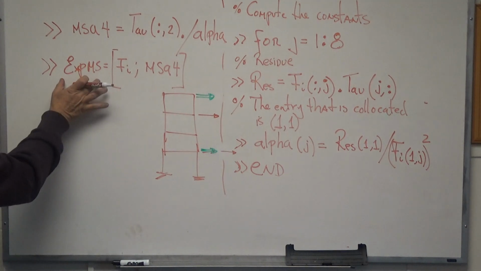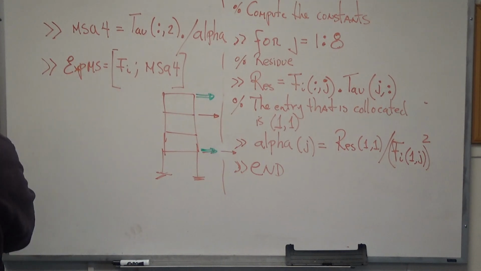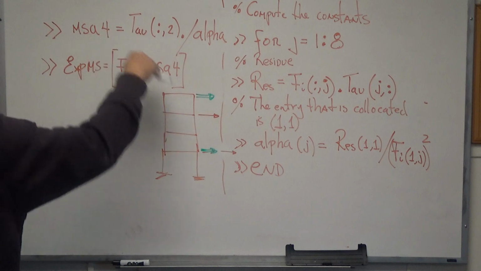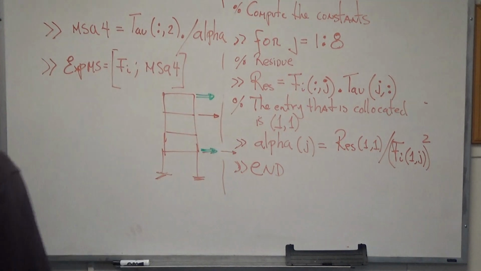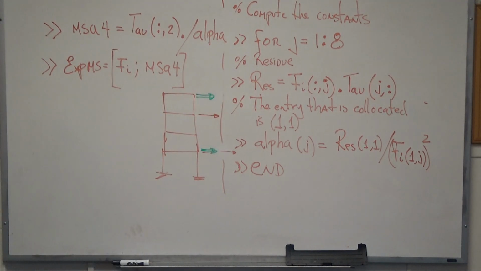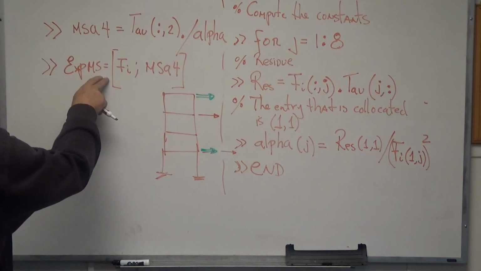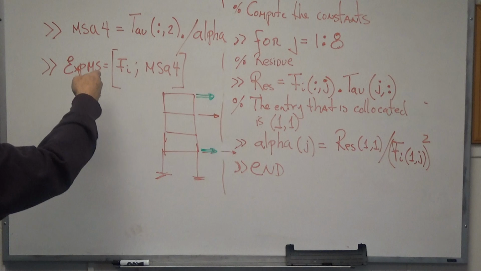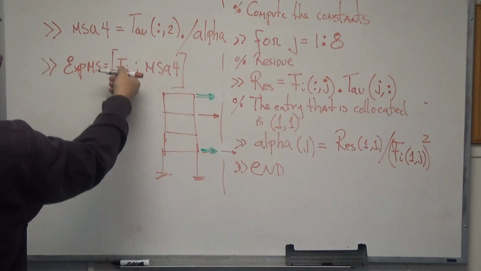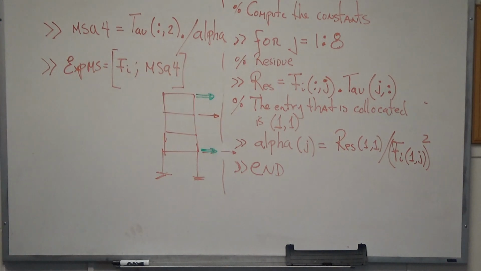So this would be a matrix that would have 8 columns and 1, 2, 3 rows, right? That's the expanded mode shape matrix. We are not adding modes, we are just adding measurements on the modes, right?